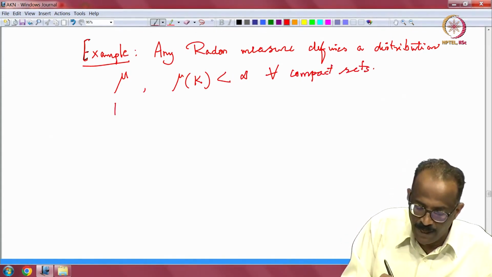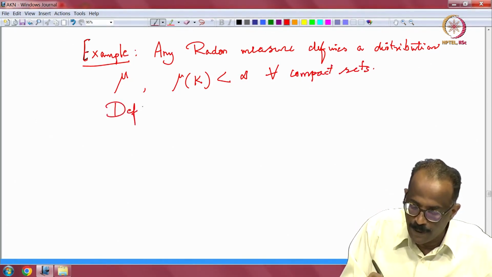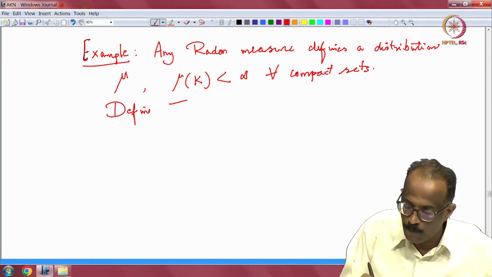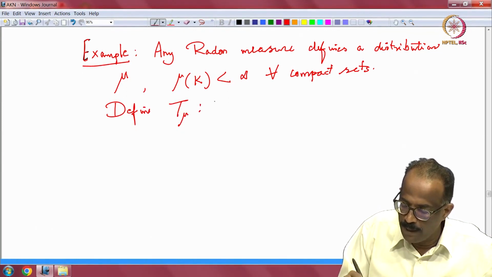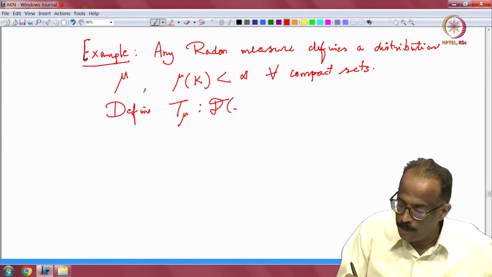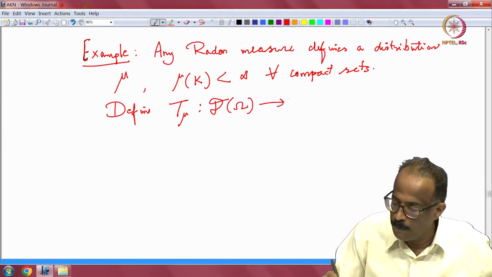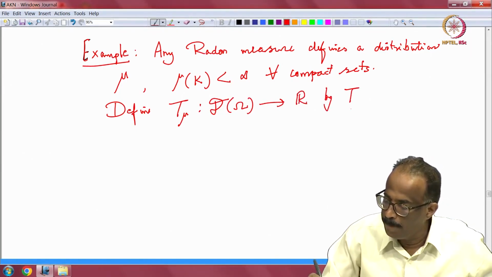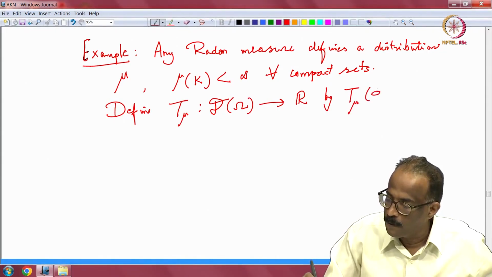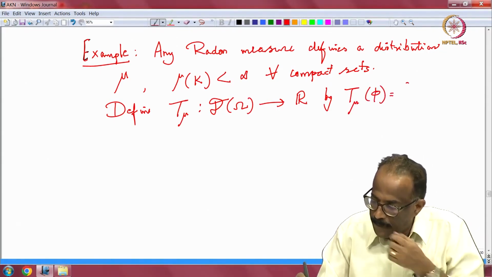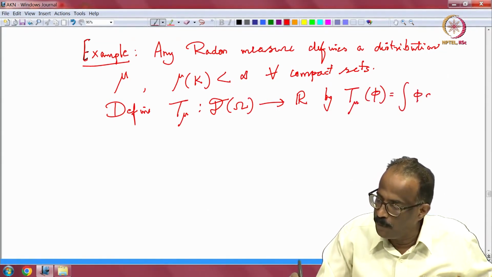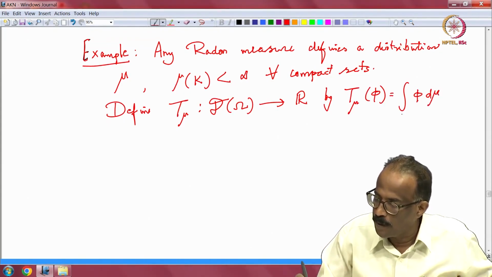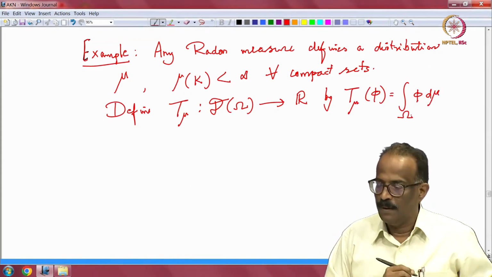Okay, so define T_mu from D(Omega) to R by T_mu of phi equal to the integral of phi d mu over Omega.